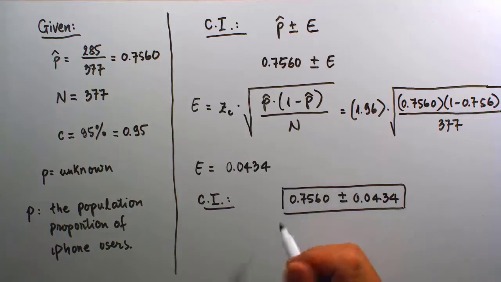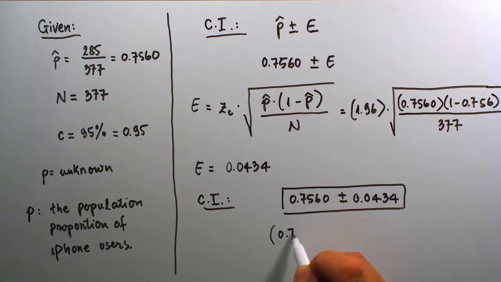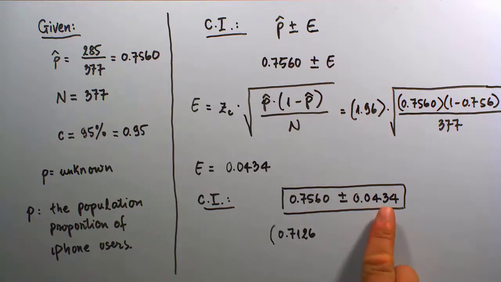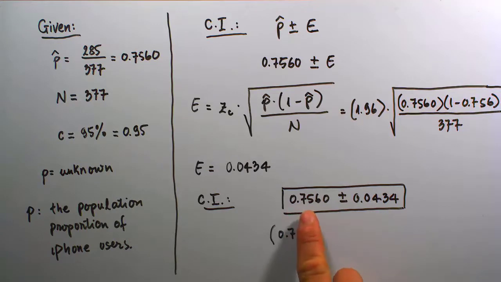And in the traditional format that shows low and high, our interval here has a low end of 0.7126, which came from subtracting 0.0434 from 0.756.